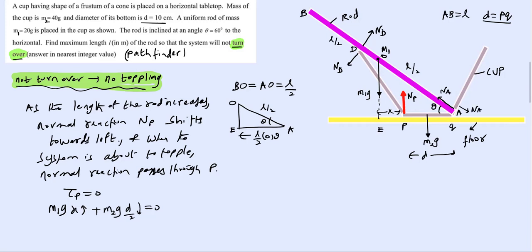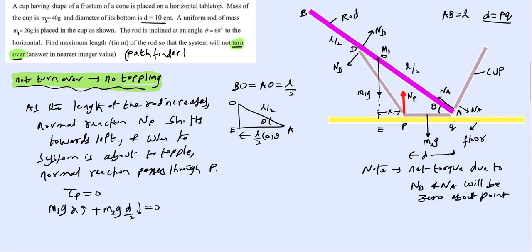Again, the torque due to these two about point P will be equal and opposite. So we'll write a note: net torque will be 0 about point P.